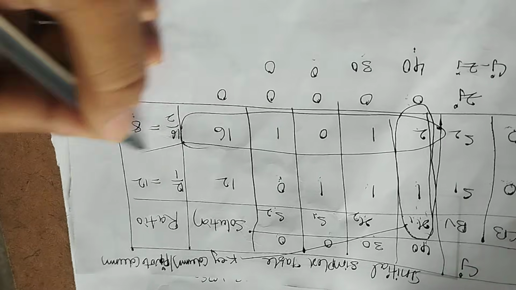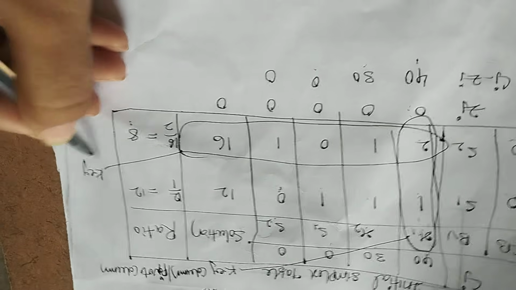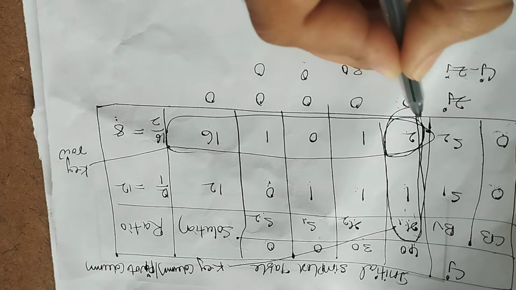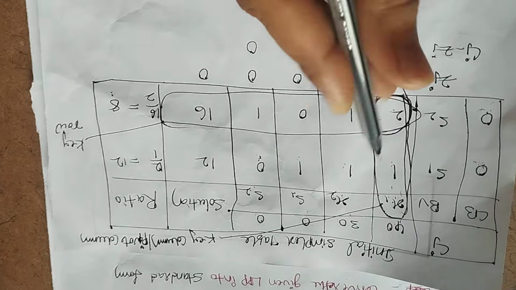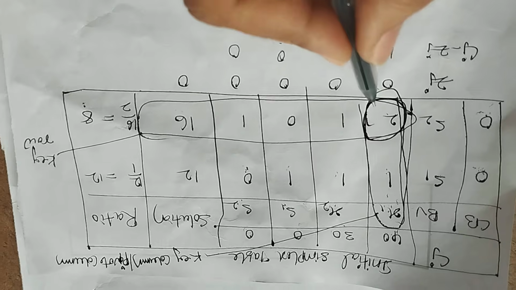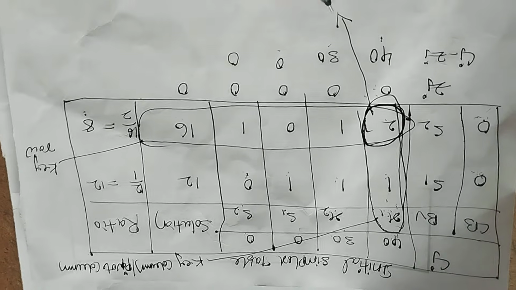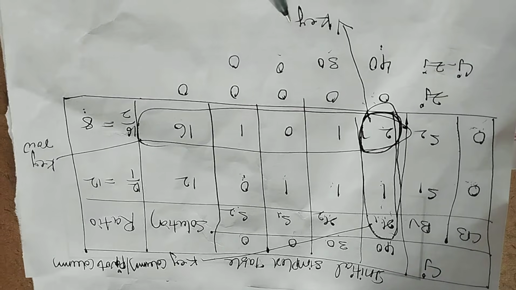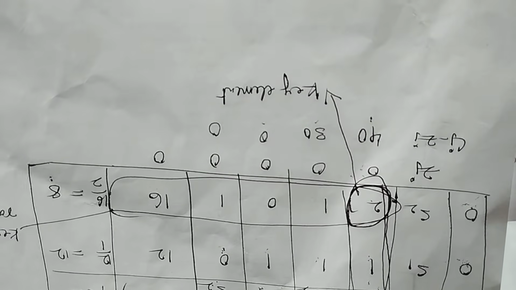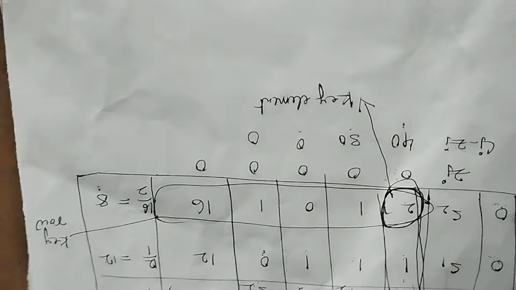This is called the key row. And the value 2, where the key column and key row intersect, is called the key element.